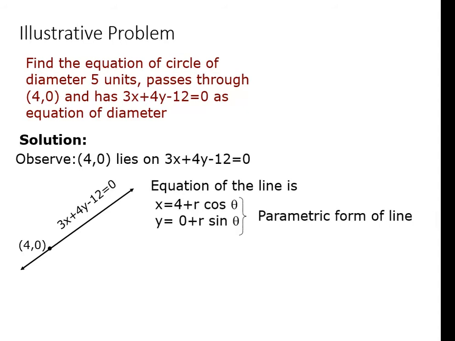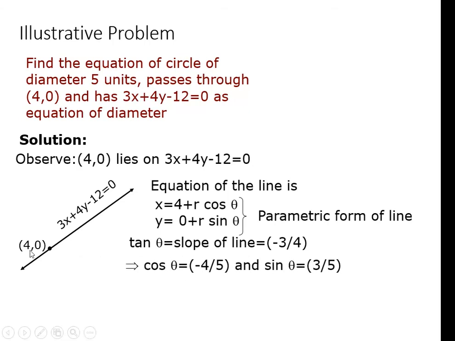So we use the parametric form of the line, that is x is equal to x1 plus r cos theta and y is equal to y1 plus r sin theta. This is the parametric form of lines. So tan theta is equal to the slope of the line, that is equal to minus 3 by 4.